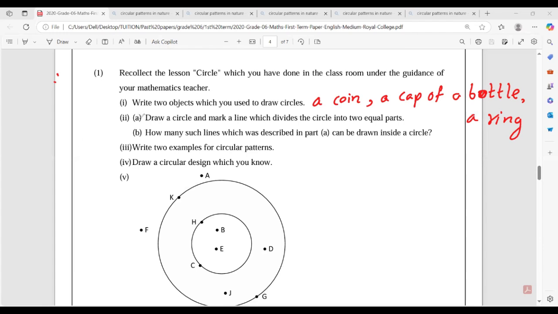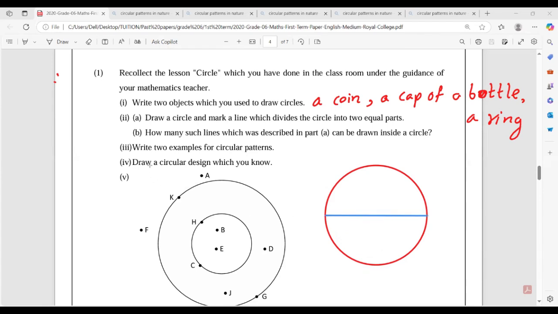And the second question, part A, draw a circle and mark a line which divides the circle into 2 equal parts. Here you can draw a circle like this, fine. And then you have to draw a line which divides this circle into 2 equal parts. So it will look something like this.